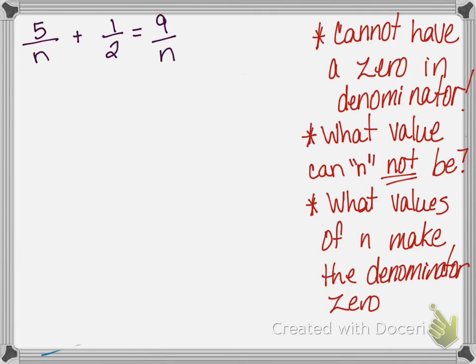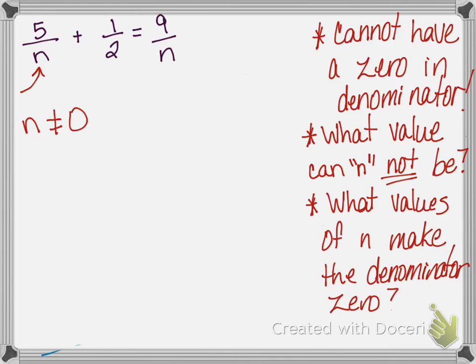Okay, so the way that we figure that out is we take this denominator and we set it equal to 0. Now they will get more complex, but in this particular problem, what is it that n can't be? N can't be 0.